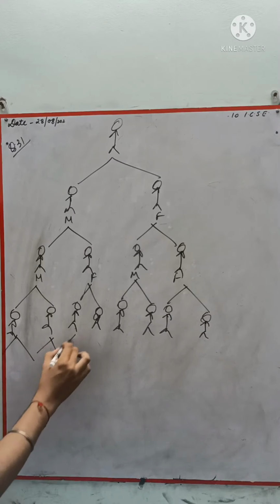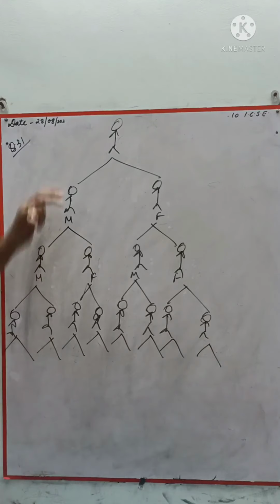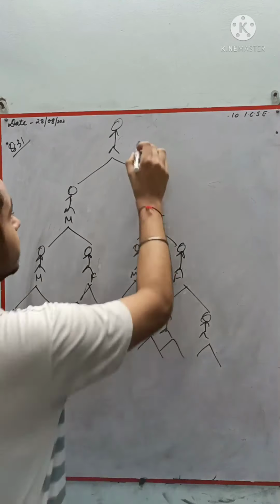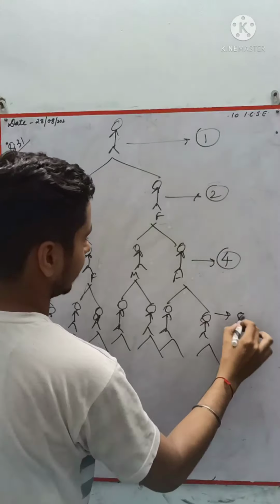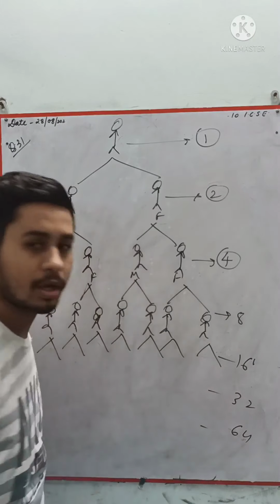So it started with 1 at this stage, then there were 2, then 4, 8, 16, 32, 64.